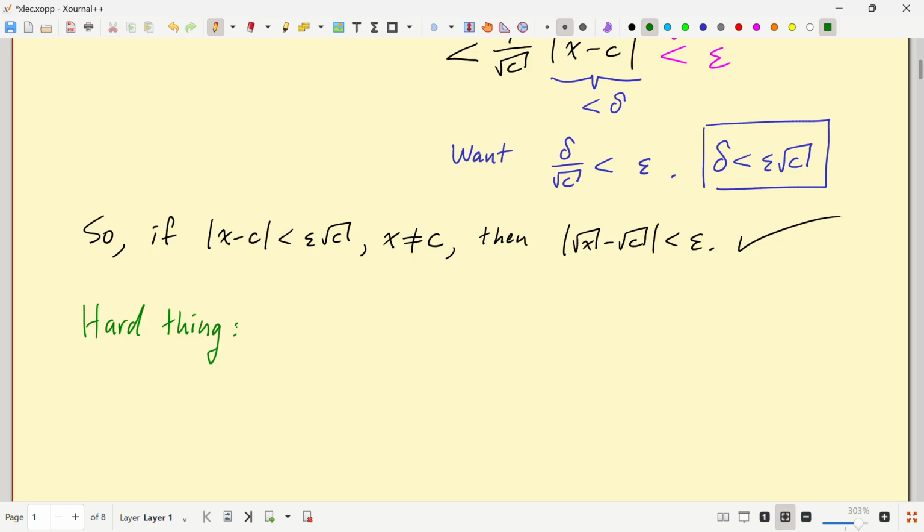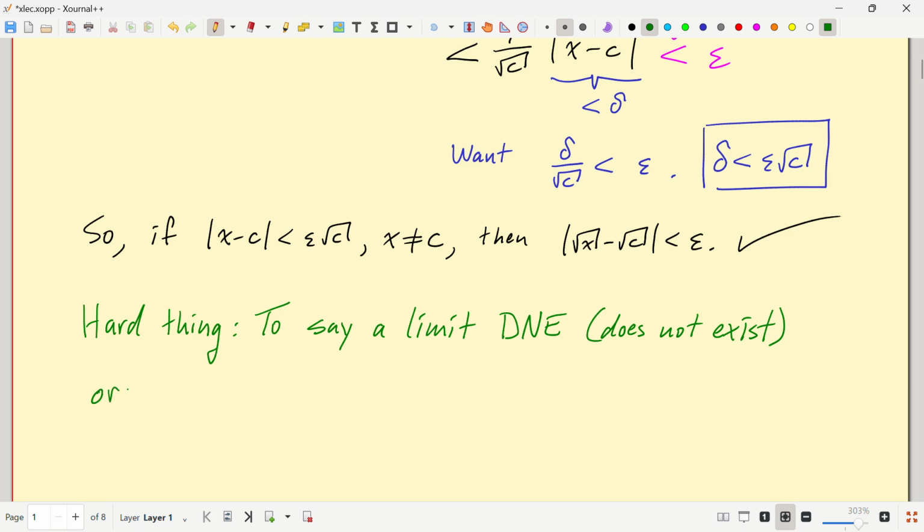To say that a limit doesn't exist, I'll say DNE, that's math for does not exist, or is not equal to L, is a mouthful because when you start negating "for every epsilon there is a delta," if you say not for every epsilon there is a delta, that means there's an epsilon where something goes wrong.